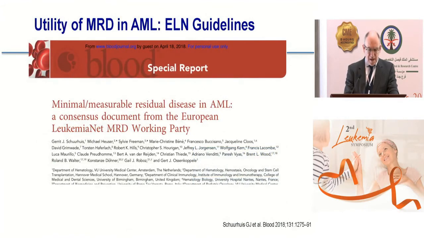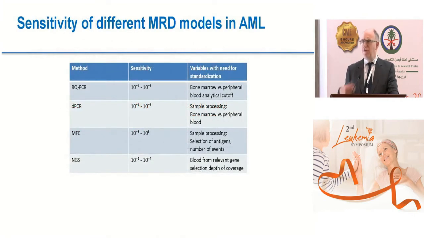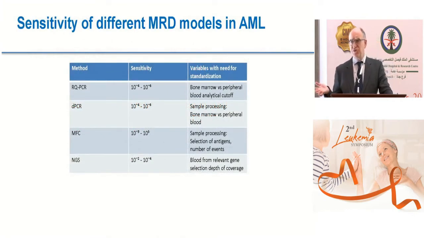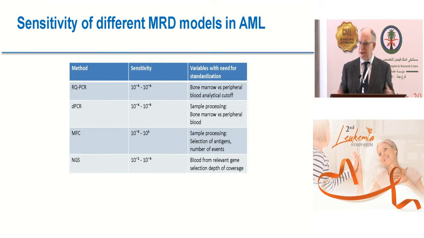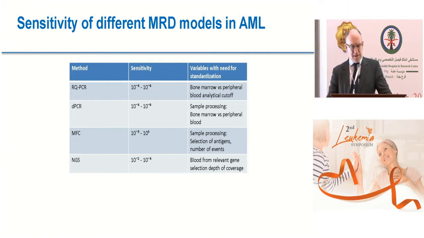So I just wanted to close really by talking a bit about MRD. There are 2 or 3 ways, aren't there, to measure MRD. One is you can look at flow immunophenotypic characterization of an abnormal leukemia-associated cellular population. That can be done on all patients.